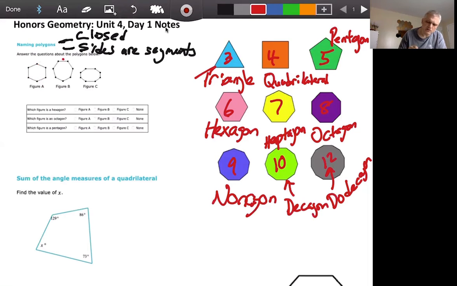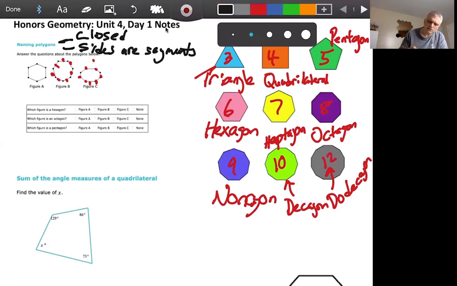How about this guy? 1, 2, 3, 4, 5, 6. No, this one's got 7. That's a heptagon. And then this guy down here, C, 1, 2, 3, 4, 5, 6, 7, 8. 8 sides.